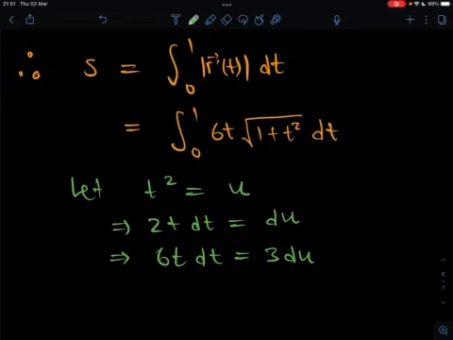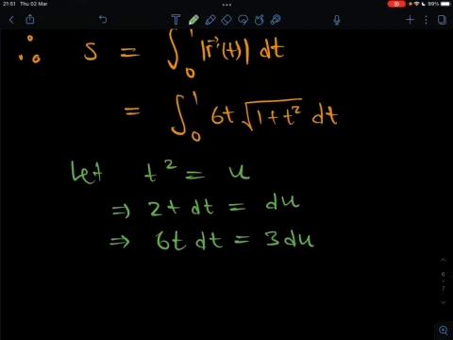So having all this with me, also I can change. Since I'm changing my variable from t to u, I also have to establish how my limits will change in that situation. You see that? So we see now that if t is equal to 0, u is equal to 0, and if t is equal to 1, u is equal to 1 again.